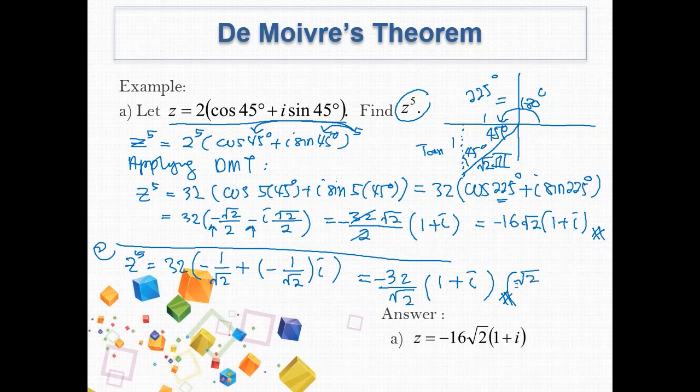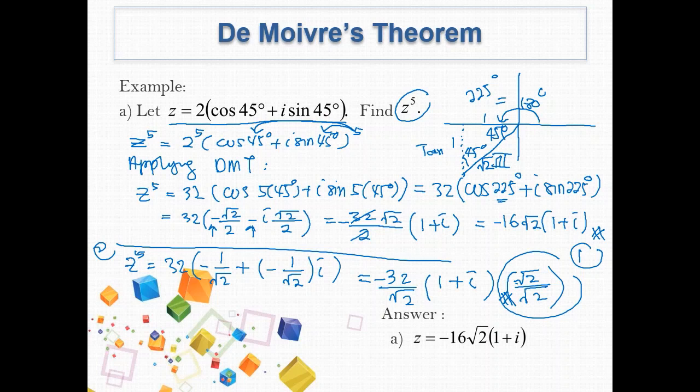Don't worry, if you multiply with square root 2 over square root 2, this means nothing. This just means 1.